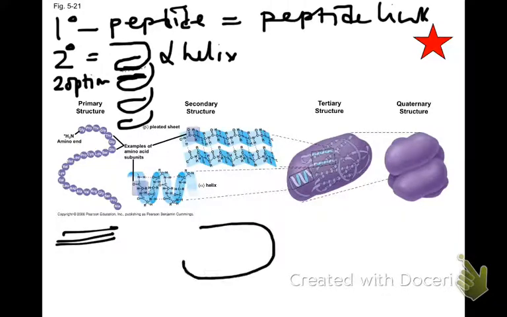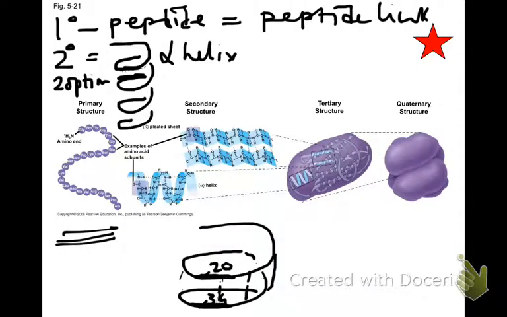I'm just showing you the dotted part. Supposing this is an amino acid here and this is another amino acid here. So this might be amino acid 20 and this might be amino acid 34. They can form a temporary hydrogen bond or interaction. That is your alpha helix for you.